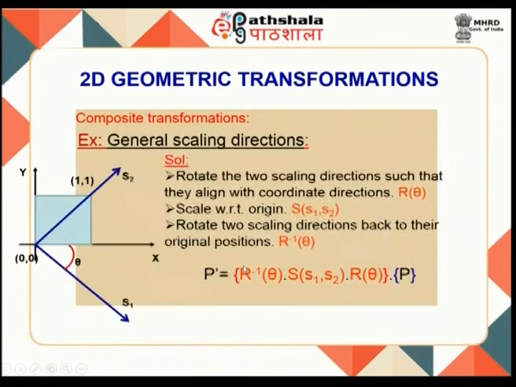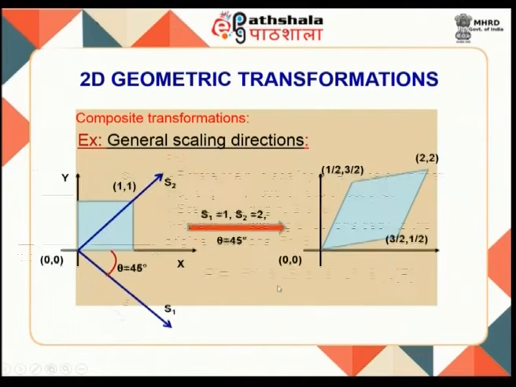The matrix equivalents for this are shown in the next slide. Before we go to that, let us see what is going to happen to the shape. This is the square, a standard unit square with vertices 0 0, 1 1, and so on, and now you are performing scaling on this object along two mutually perpendicular directions S 1 and S 2. The scaling factor along S 1 is 1 and along S 2 is 2, and theta is 45 degrees.